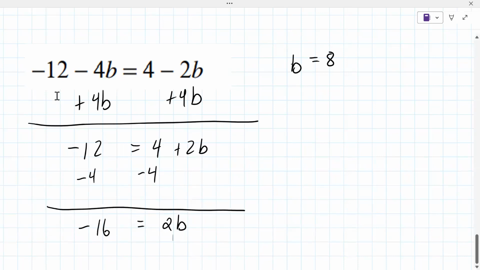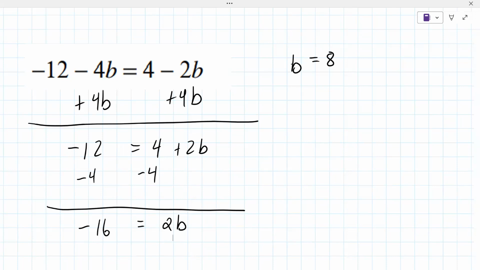Do you want to make any changes to your answer? So instead of 4 plus 2b, I did 4 minus 2b. Okay, so you get minus 2b plus 4b. Did you add 4b to both sides? I can't see what you've done. Yeah, I did.